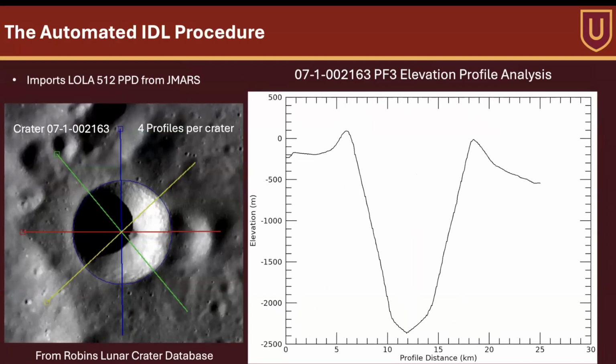Do you still take measurements from that eastern part of the red profile when you're creating your average rim height, for example? At the moment, yes, but we haven't gotten to the point that we're actually taking the measurements and comparing them yet. But that is definitely something that we were talking about, considering what other craters in the vicinity could impact it, what ways we could deal with that. We didn't come up with anything specific yet, though, on how to deal with that. Thank you. Yes, that's definitely going to bring down your average.